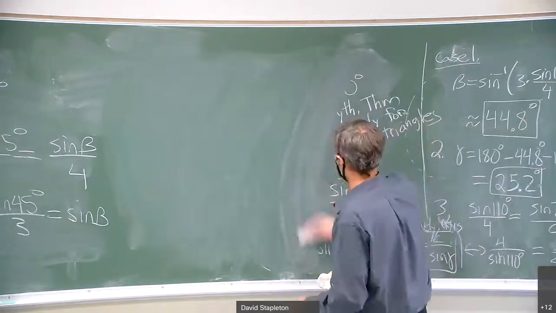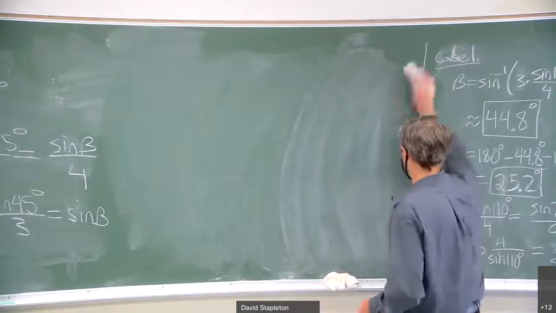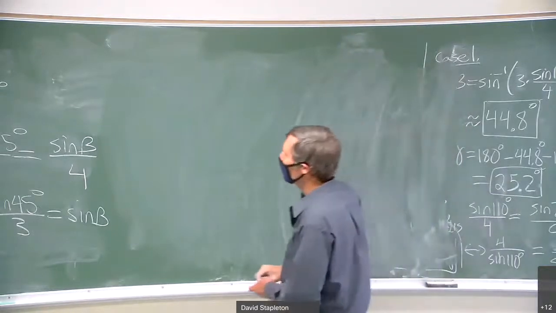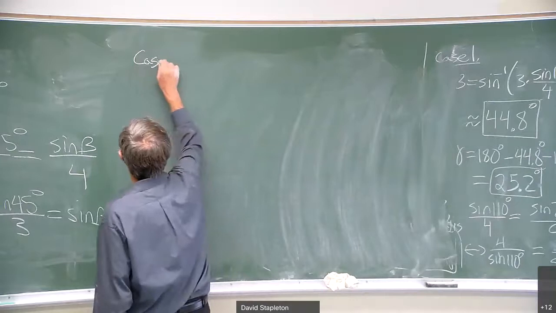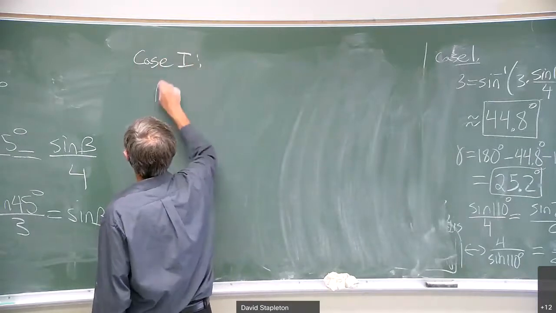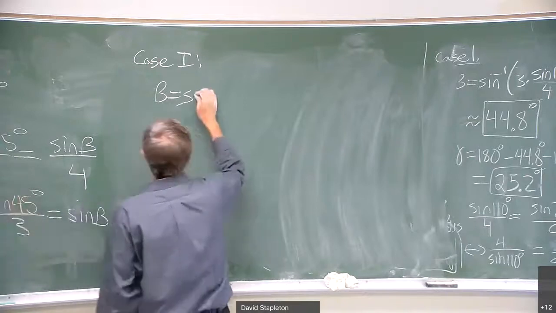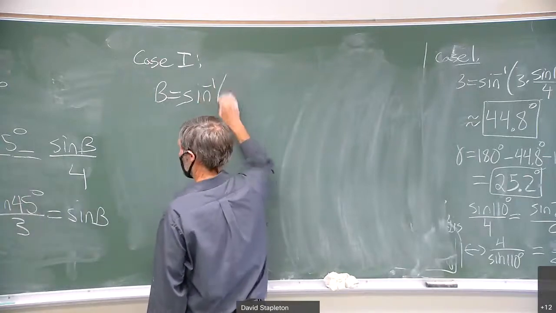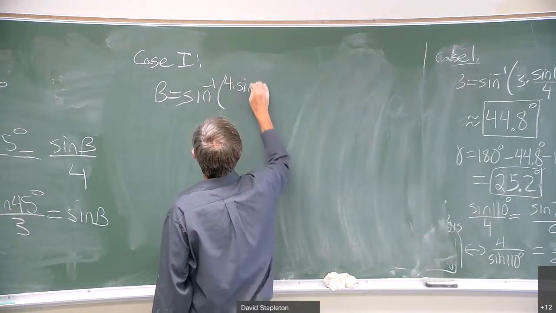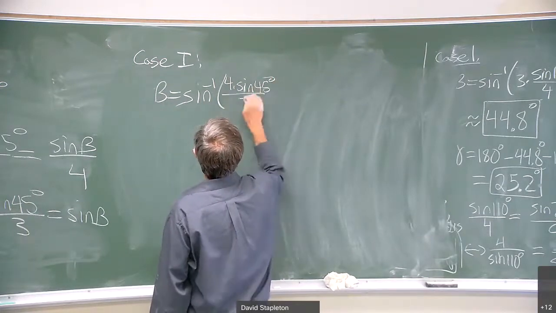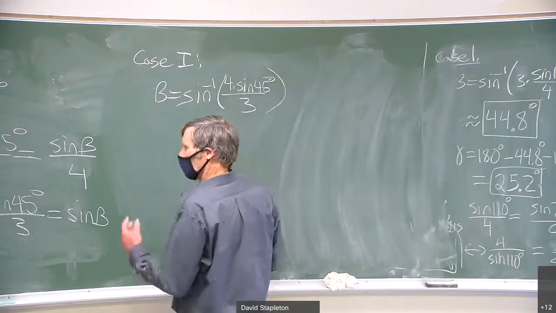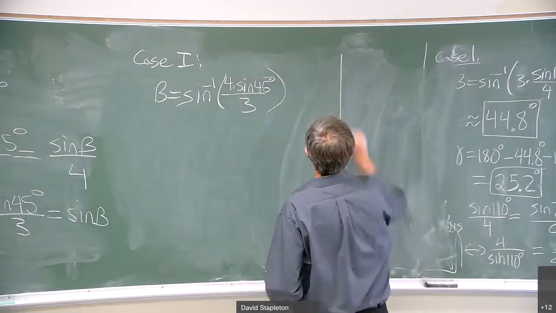This might not be a bad one to go back and look at because there are so many details here, right? So case 1 is that beta is the arc sine. That's always a solution when you get a number between -1 and 1, and you do indeed. All right. The other case, case 2, I'll do it over here.